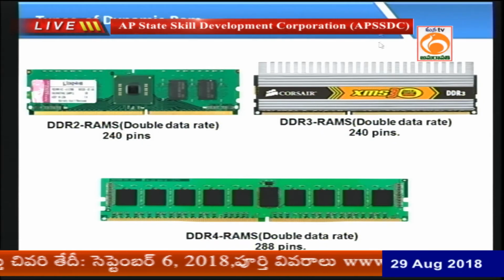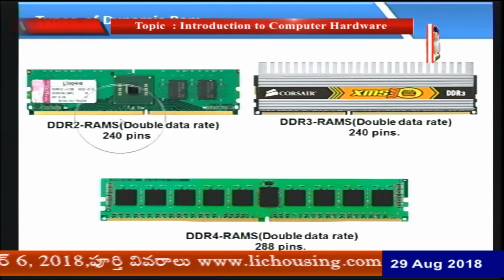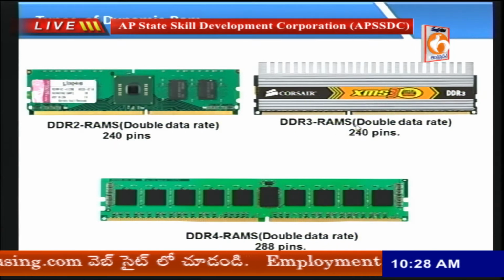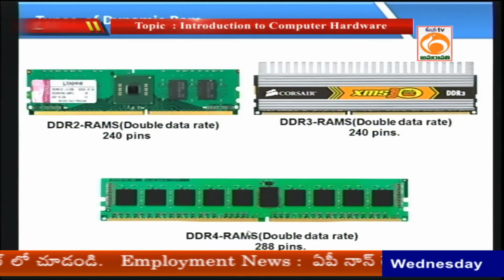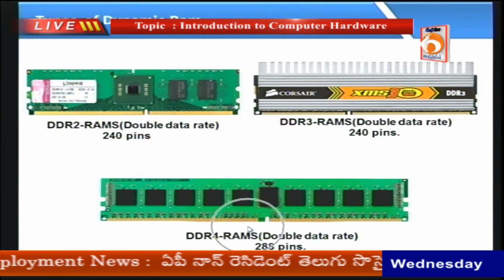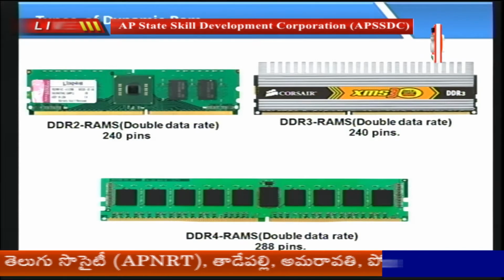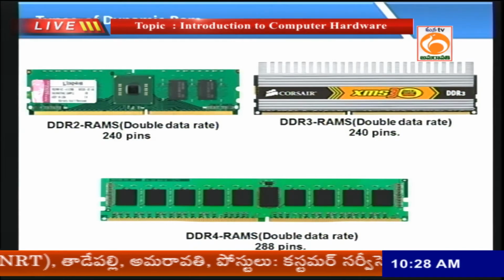Here in this slide, DDR2 type dynamic RAM has a total of 240 pins. DDR3 dynamic RAM has a total of 240 pins. Coming to DDR4, the latest type of dynamic RAM, the number of pins is 288. What about the old, first type of dynamic RAM, SDRAM, synchronous dynamic RAM?